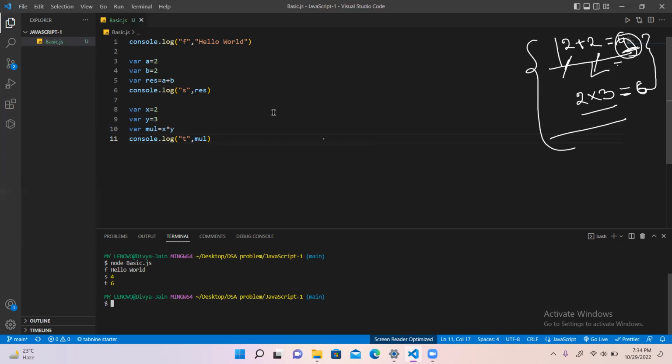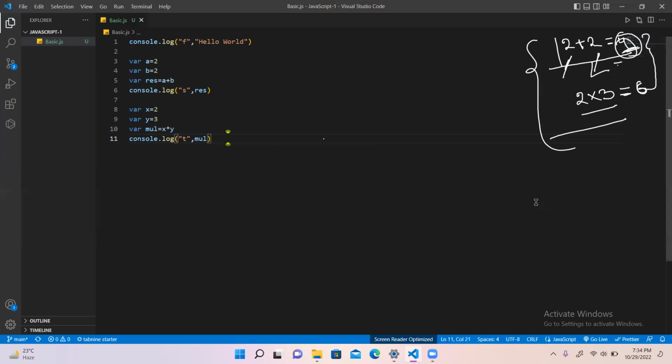Okay, so third one, you just take an example. Just like I'm closing my terminal, so I can give you another example. Okay, so let's take an example like we have a normal power question.